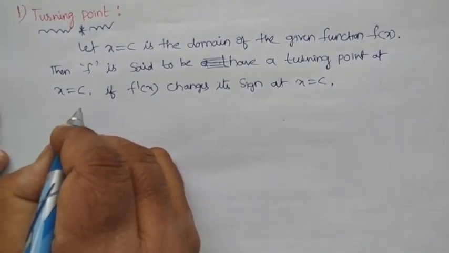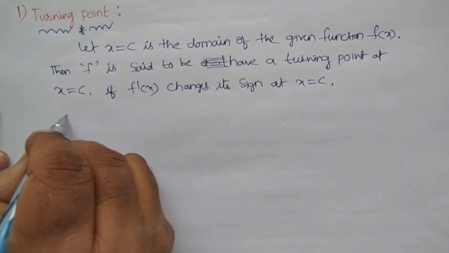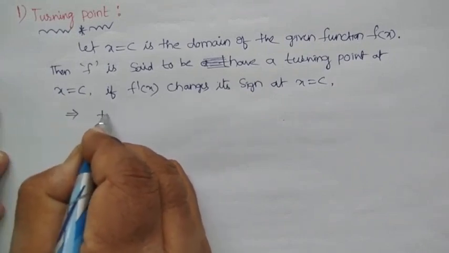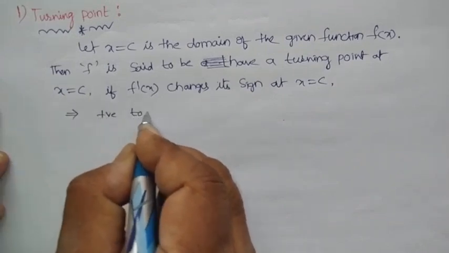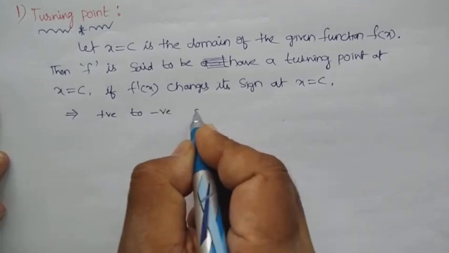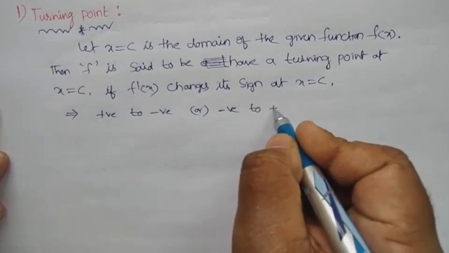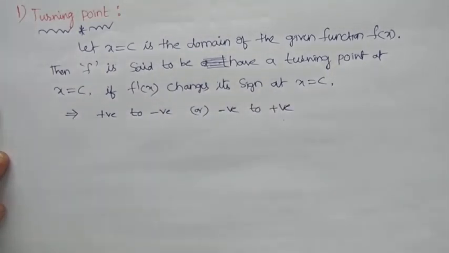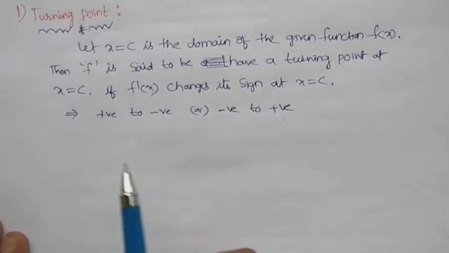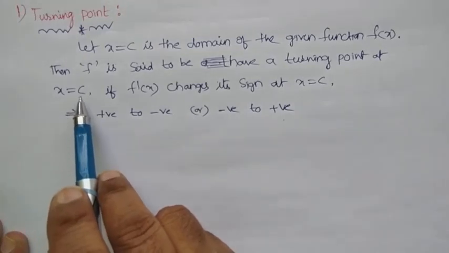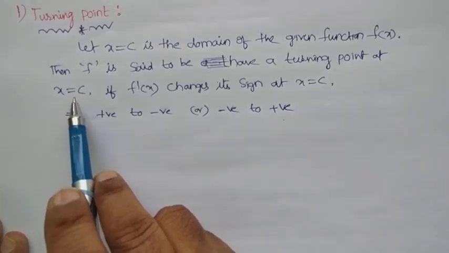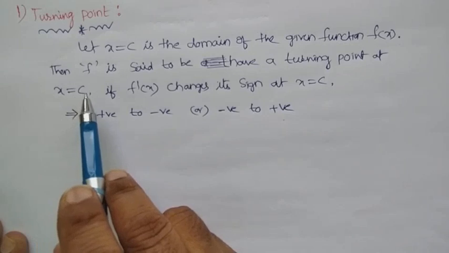That means positive to negative or negative to positive, whenever the values move from left to right of the point c.